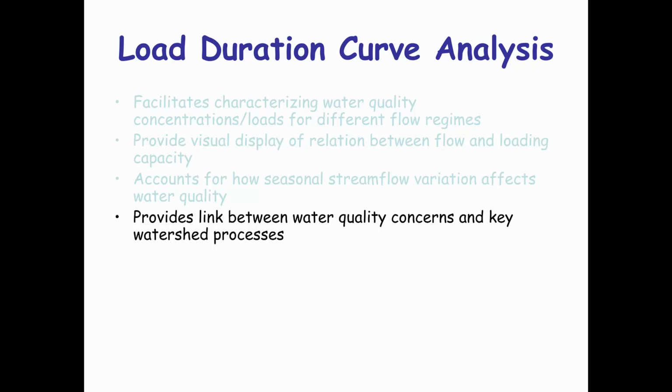Here the watershed processes would refer to runoff processes associated with surface runoff because of storm flow, drought flows, which would be more associated with groundwater discharge in the stream, or intermediate types of flows, such as flows from drain tiles or shallow subsurface flow.